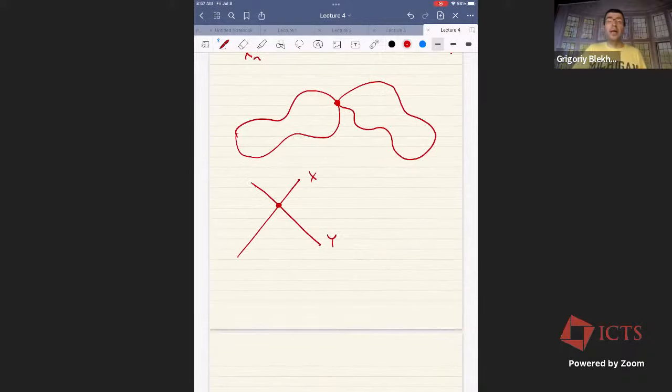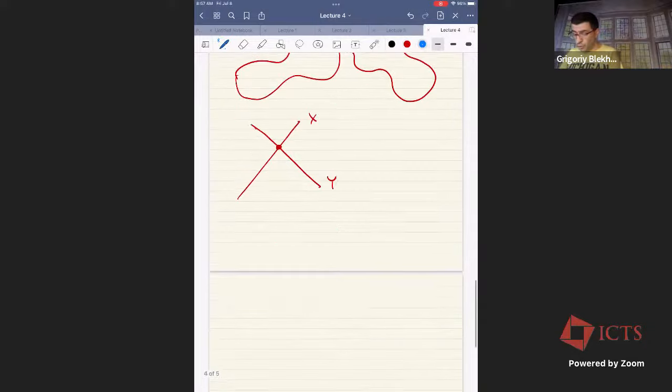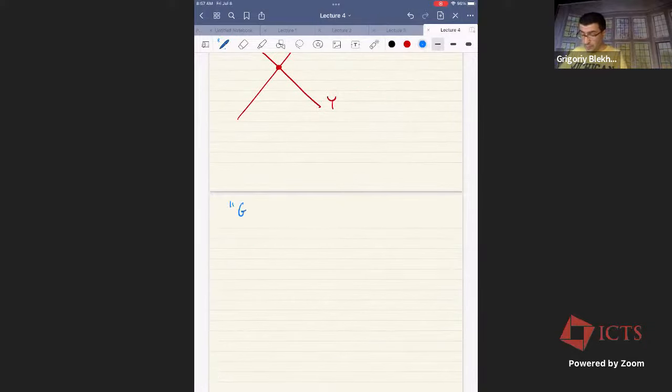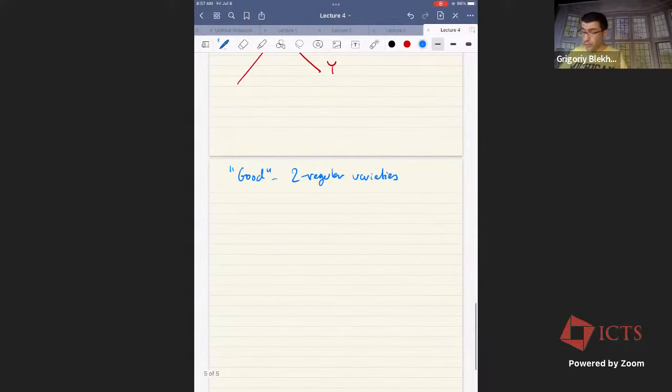Okay, and right. So what does good mean? Good actually has a mathematical term, and these are called two regular varieties. But what does that mean? So what does two regular refer to?